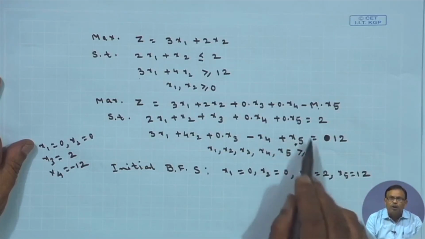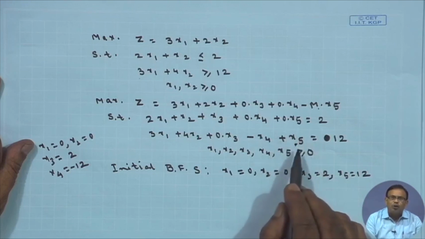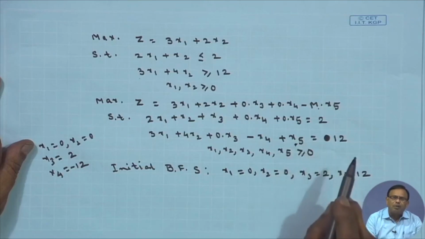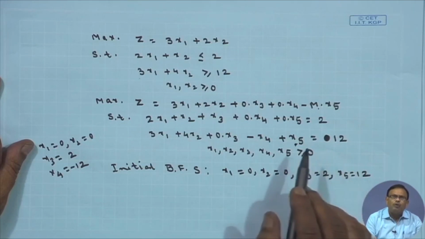I have to remove this artificial variable, and to remove the artificial variable I have to add some high penalty to this artificial variable in the objective function.